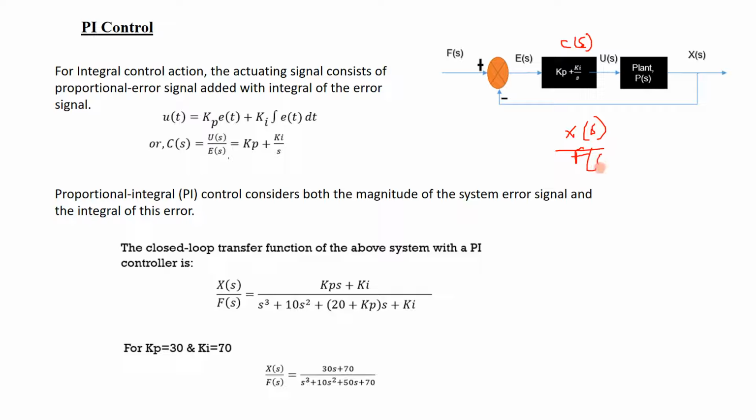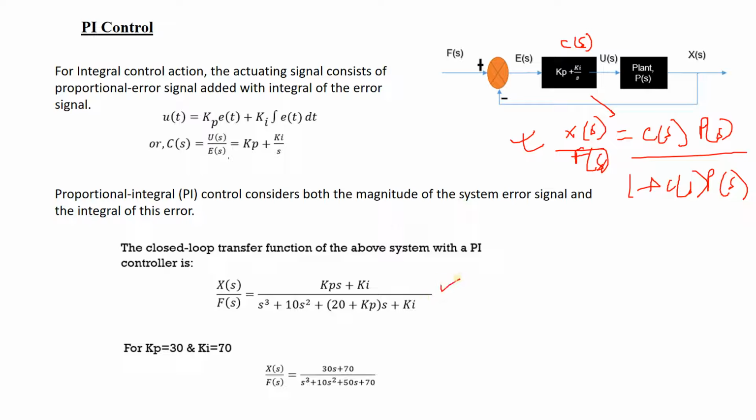Now if you put the value of C(s) over here and P(s) as it is, where P(s) is 1 by s square plus 10s plus 20, then you will get this modified transfer function.